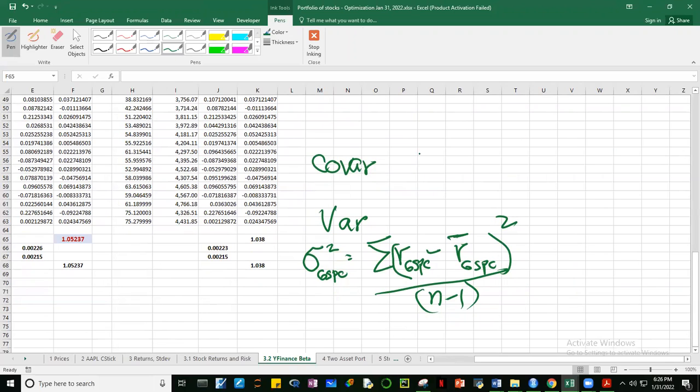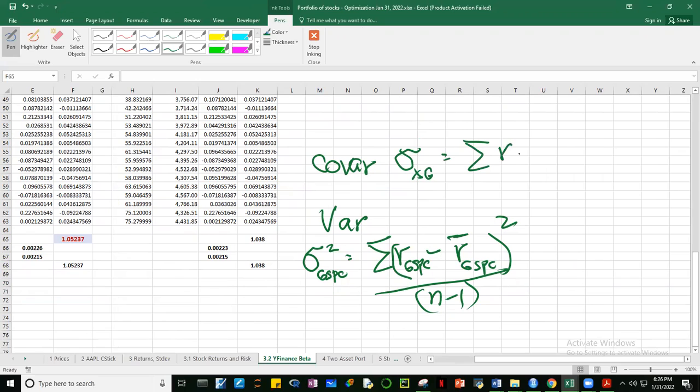Now, ano naman yung covar? Yung covar, guys, covariance. Ibig sabihin, it's a measure of how related or how correlated two variables are. So ang symbol niyan is sigma, and then we have Exxon and GSPC. So that's how we denote covariance, no? And it's equal to, pareho din naman yung formula, ang kaibahan lang niya, okay?